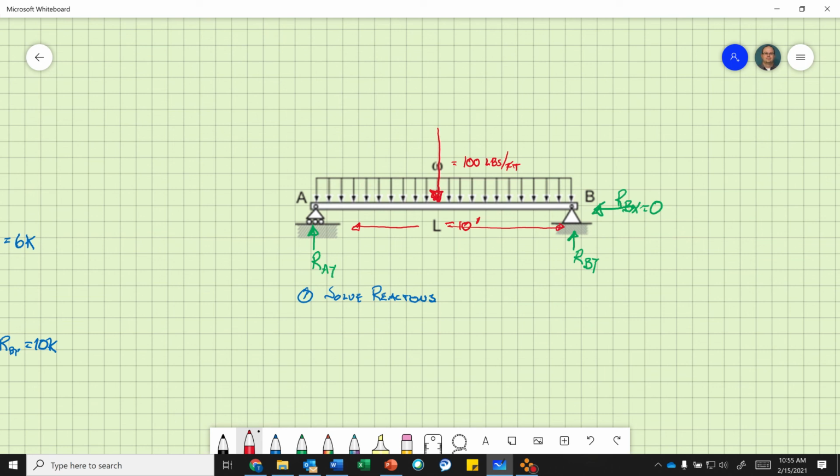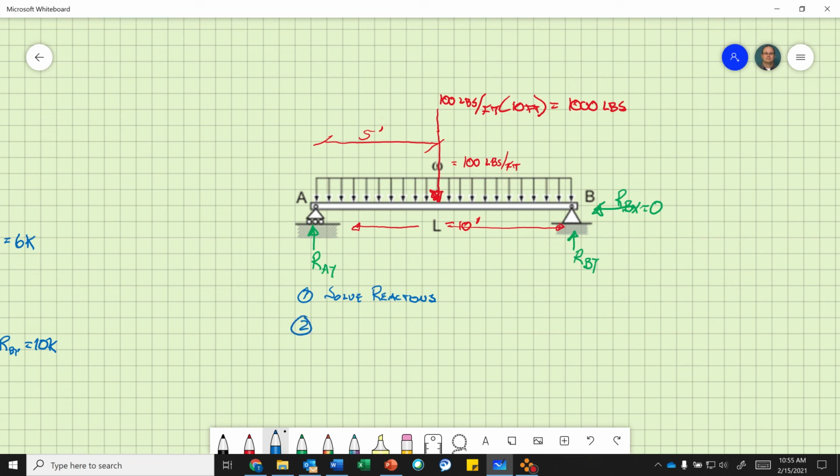This is a rectangle, so it's 5 feet from the middle. So my moment arm distance is 5 feet. So it is 100 pounds per foot times 10 feet, and that equals 1,000 pounds.